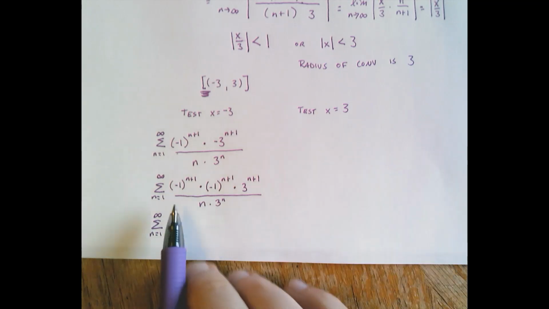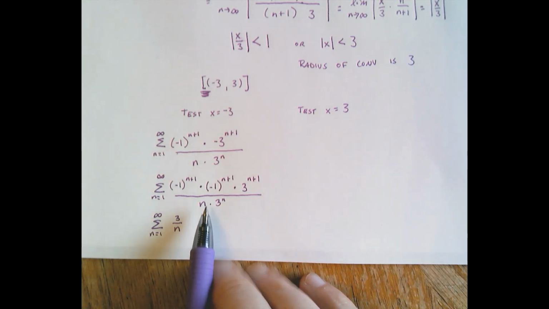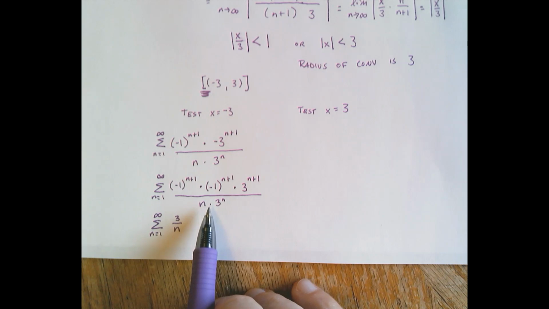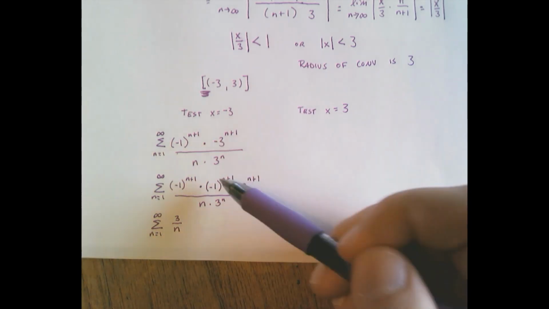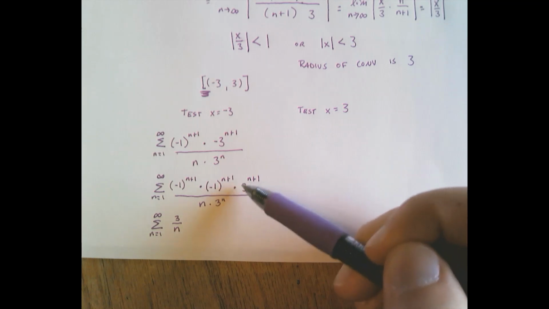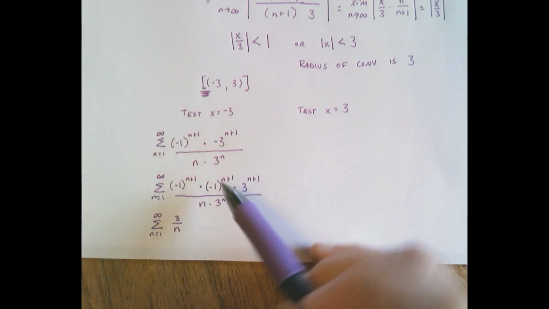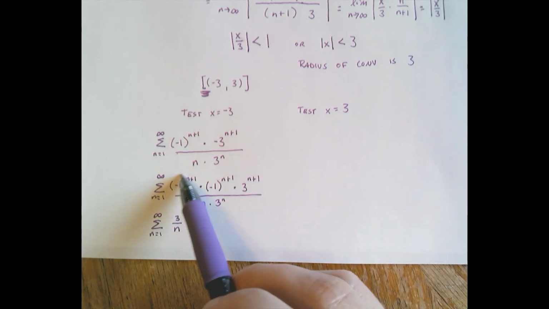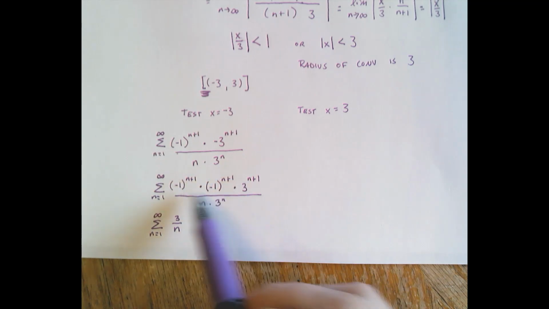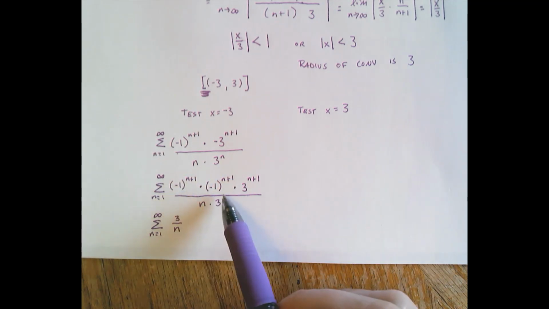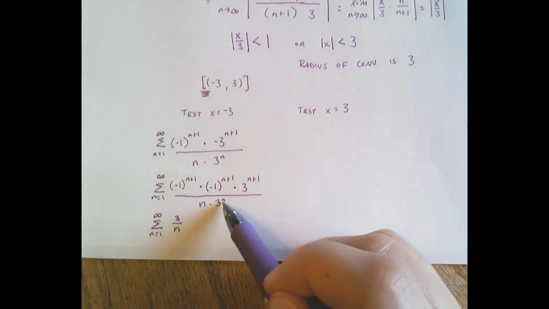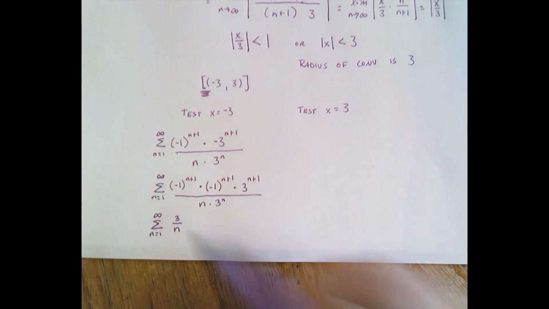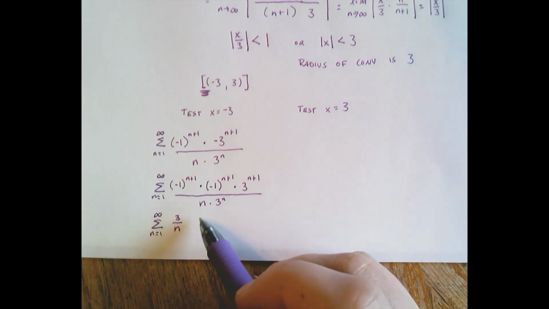Okay, so off camera I wrote down the math process that I went through to simplify this expression. First I broke the -3 into -1 times +3. That exponent remained. And then we see that what we have is this expression times itself will always equal +1. And then 3 to the n plus 1 over 3 to the n leaves just a 3 to the first in the numerator, and the n is untouched.